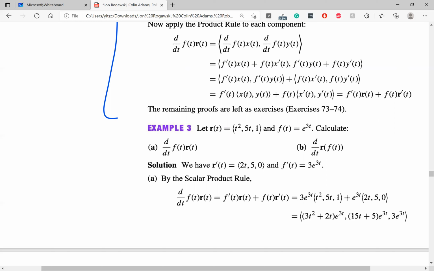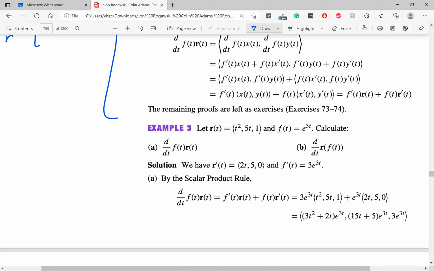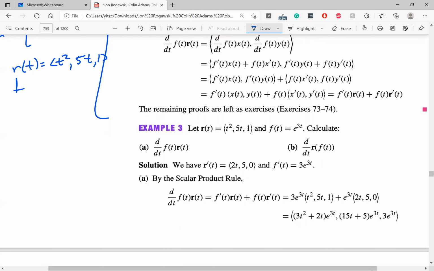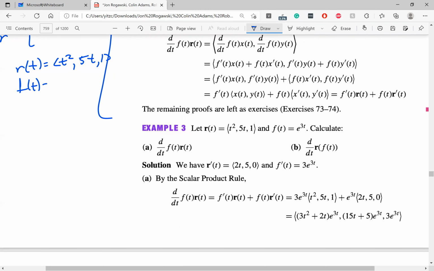Okay, let's do the first one over here. So they say take r of t to be equal to t squared, 5t and 1, and f of t to be equal to e to the 3t.